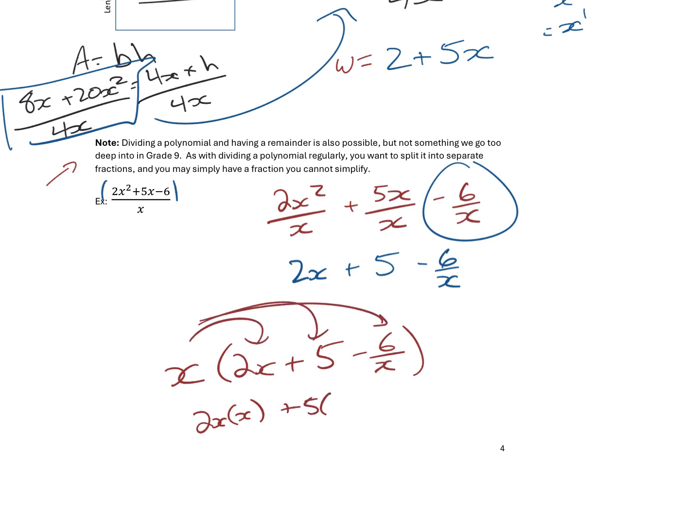Plus 5 times x, minus 6 over x times x. So 2x times x would leave me with 2x squared plus 5x. And just like we've seen when we've done algebra in the past, this minus 6 over x times x, well, these two are going to equal 1, so I'm left with negative 6. So I was able to reverse that, but you can have this remainder here.